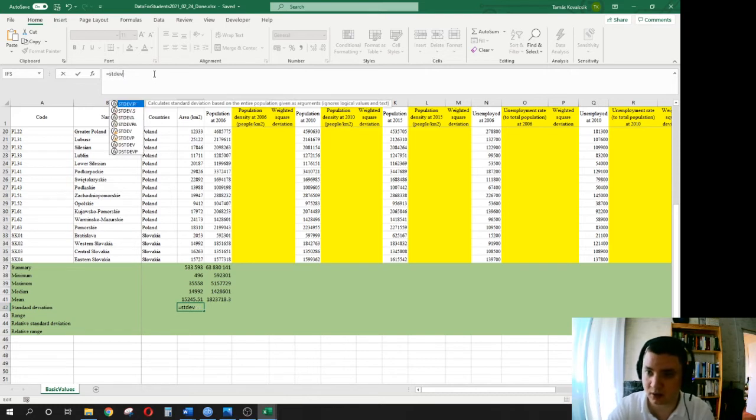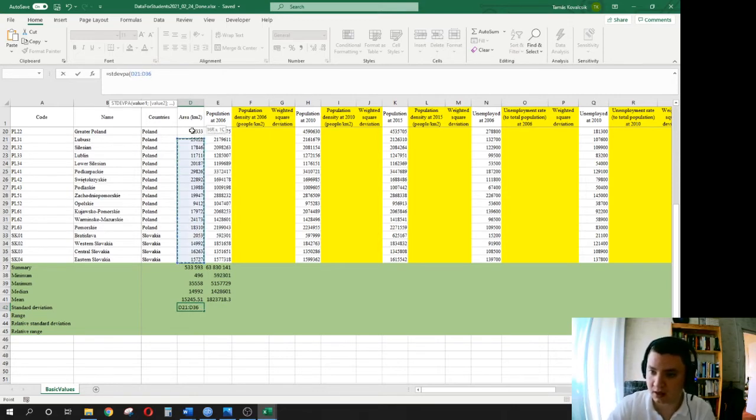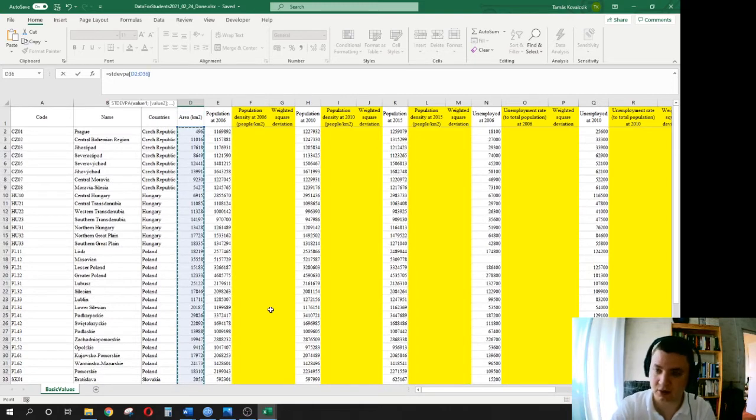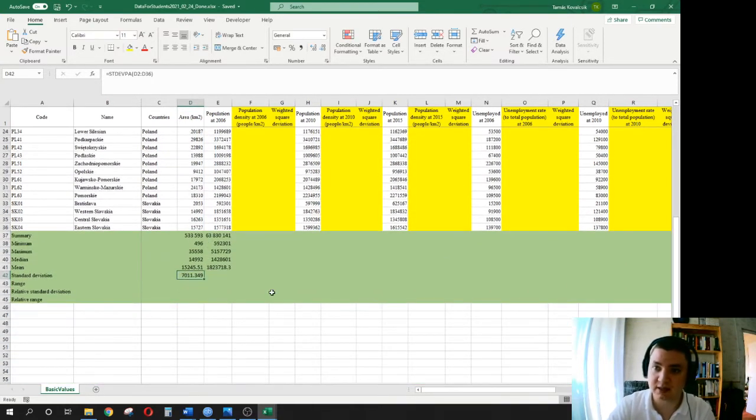There are so many standard deviation functions in Excel, STDEV.P, .S, .PA, but we would like to use the PA function of the standard deviation. Okay, and here we select all of the area numbers, and this is the average distance from the average, and also calculate it for the population.